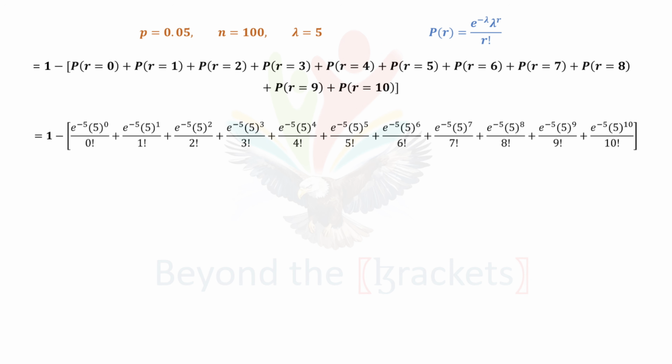To calculate this using a calculator, we rewrite it in the summation form, which will be 1 minus, since e power minus 5 is a constant which can be taken outside, summation r is from 0 to 10, 5 power r by r factorial.